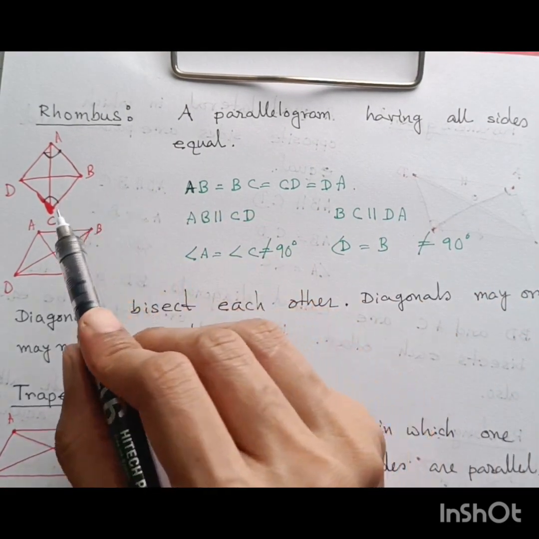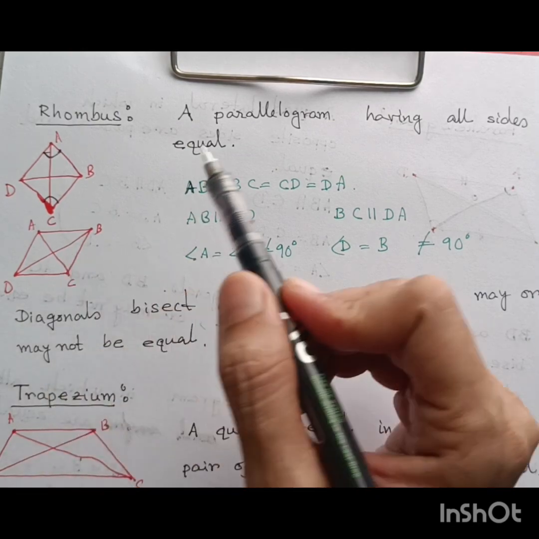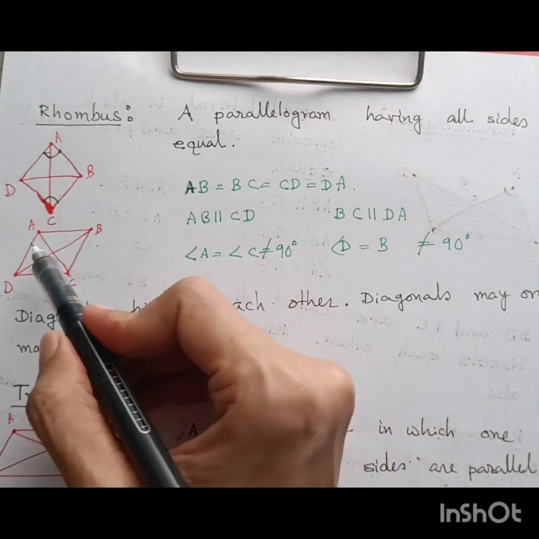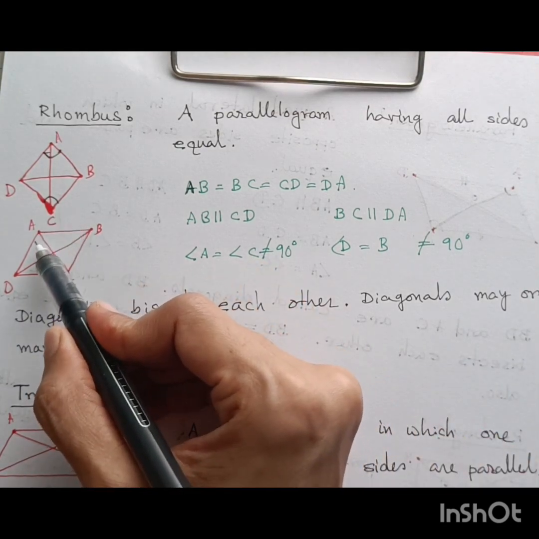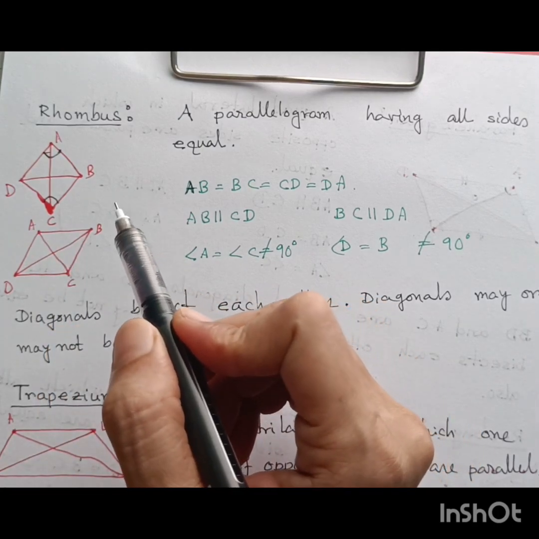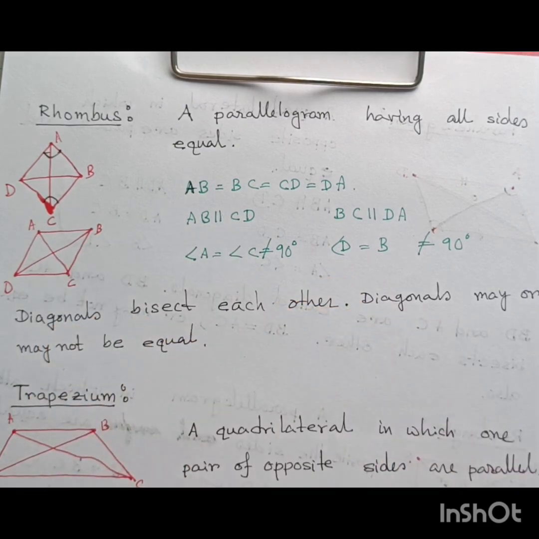So rhombus and square have the same characteristics, the only difference from the square is that the diagonals may or may not be equal in the case of rhombus. In the case of square, the diagonals are equal, and in the case of rhombus, the angles are not 90 degree, but always in the case of square, the angles are 90 degree.